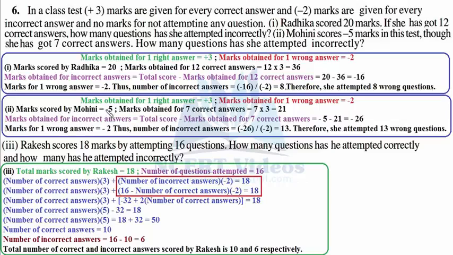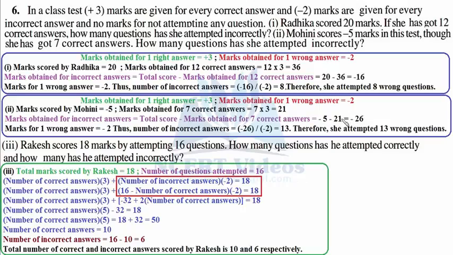Now marks obtained for 7 correct answers: 7 threes are, because one question gives her 3 marks, so 7 will give her 21 marks. Now again, using the same thing, marks obtained for incorrect answers will be total score minus marks obtained for correct answers, which is 7 in her case. So minus 5 minus 21 gives you minus 26. So it is just the same.